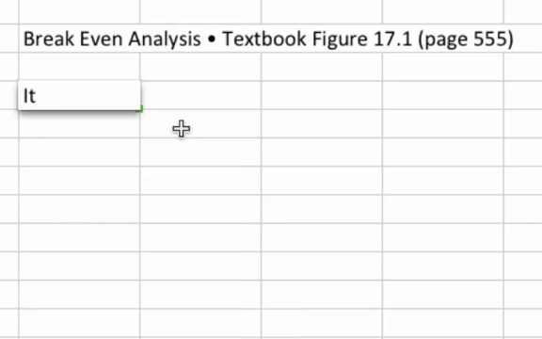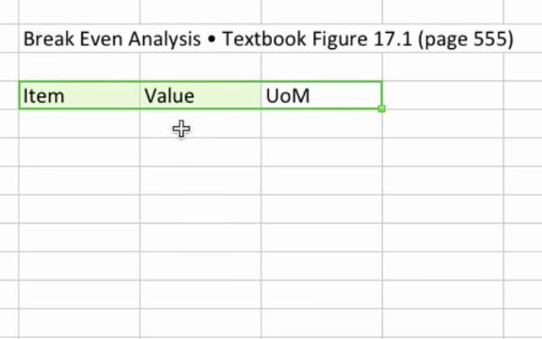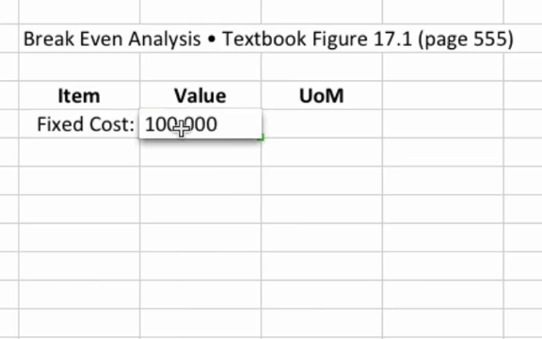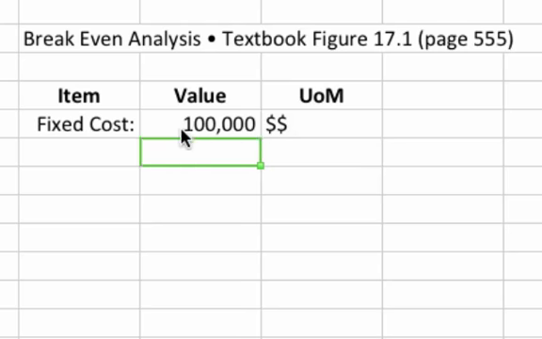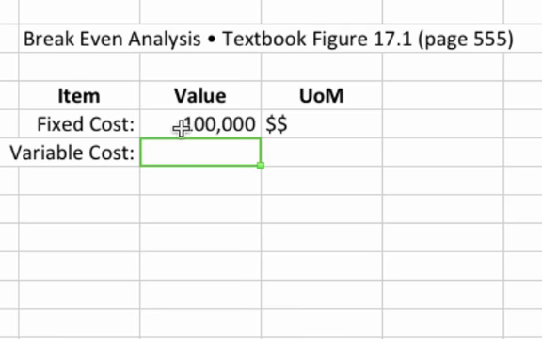So what we have are a few different items, and we'll put some titles: the item, the value, and the unit of measure. So we have total fixed cost, and it's $100,000. And this is a music store, so we have a variable cost, which is $8 for a CD.